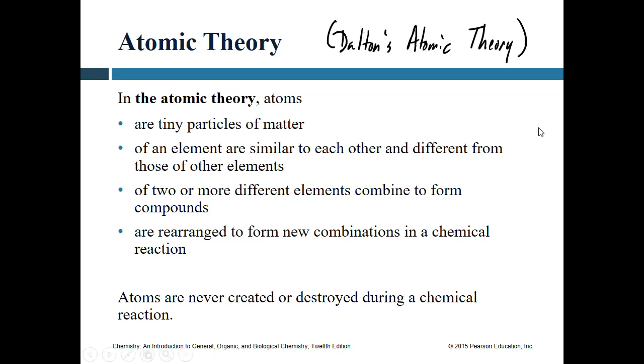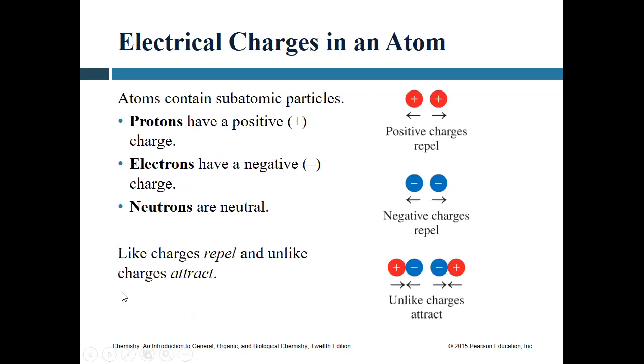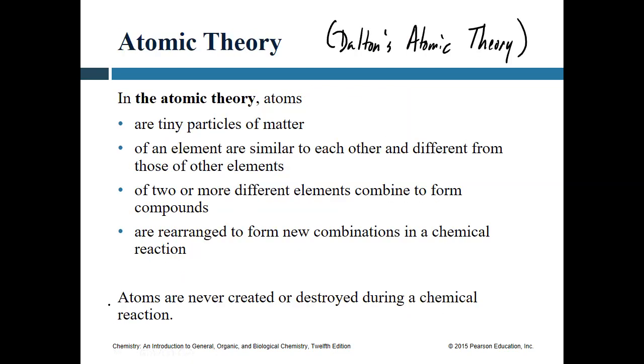But the thing that we have to remember, we have to keep special attention on, is this idea right here. You've probably heard of the law of conservation of matter.